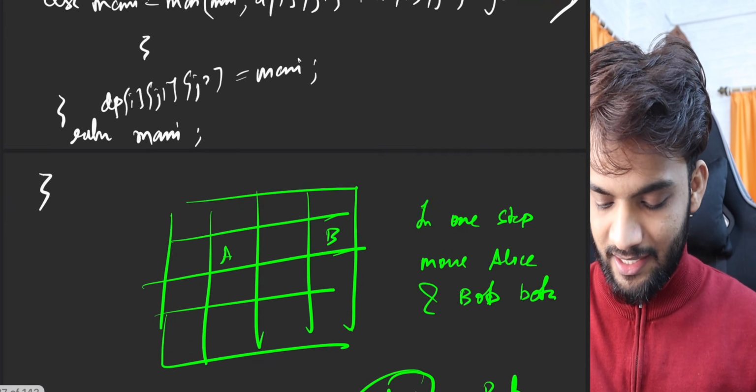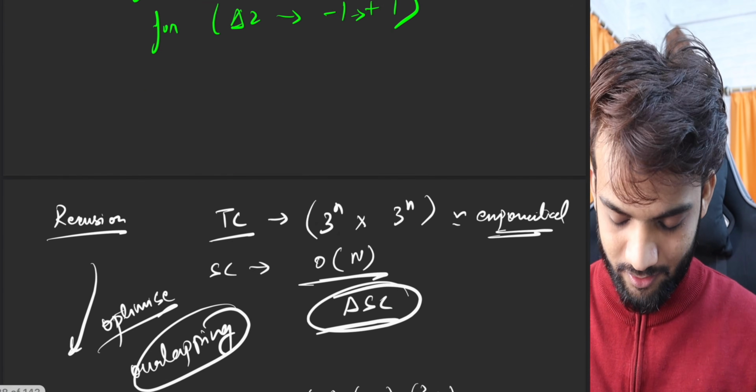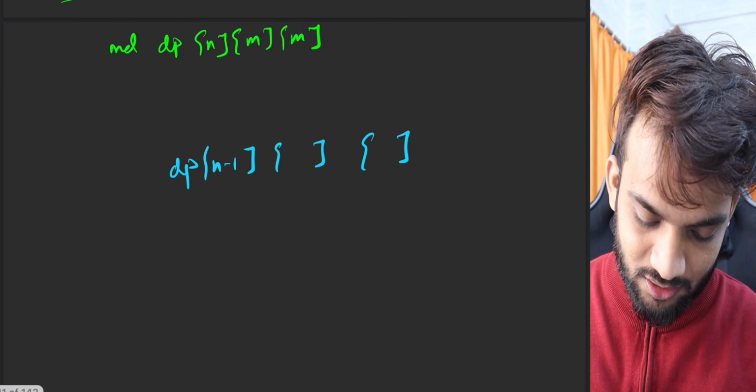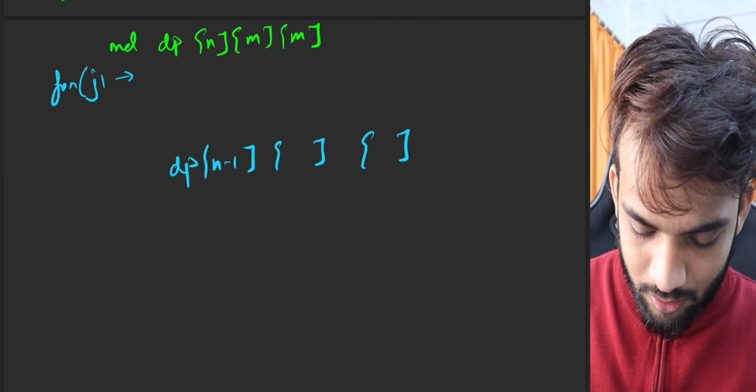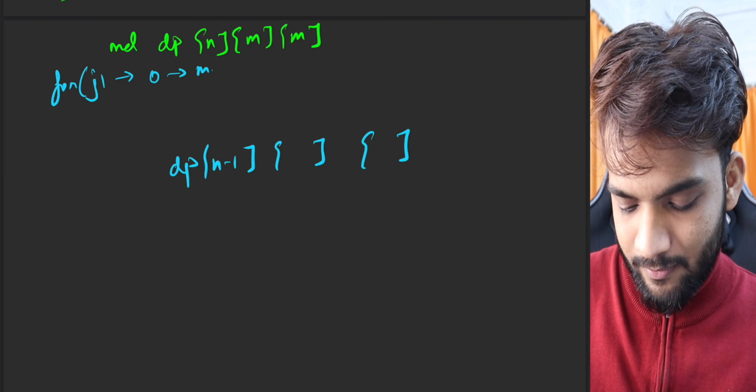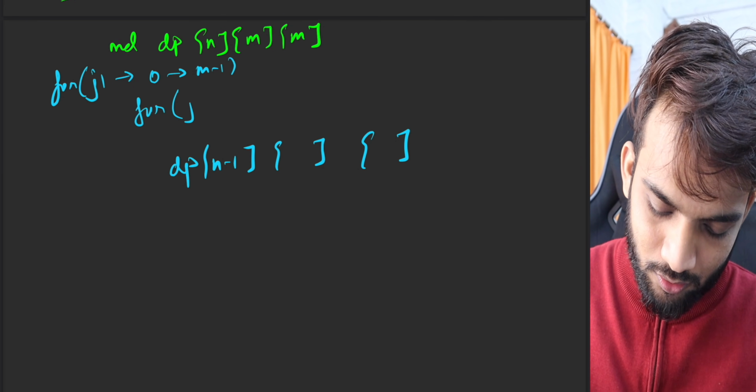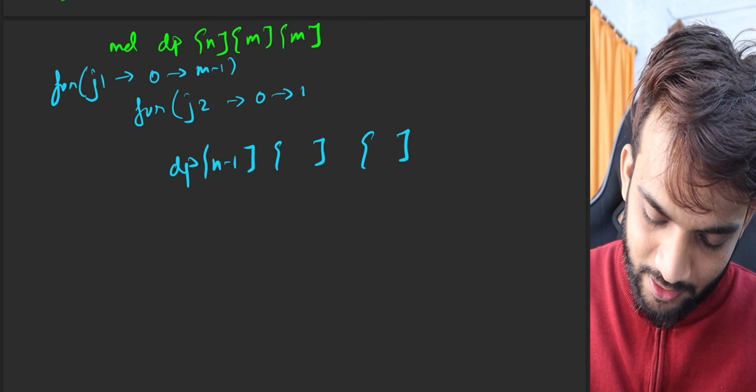So if there are multiple cases, can I write something like this? For j1 from 0 to m minus 1, for j2 from 0 to m minus 1 again.